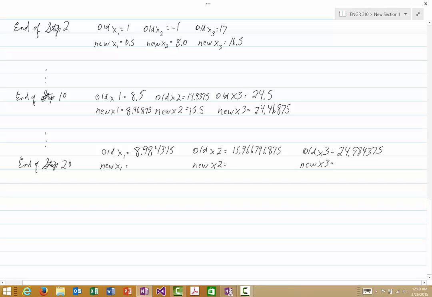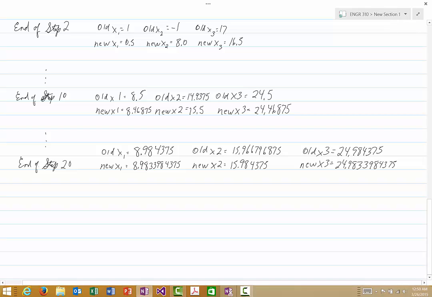These are the old values at the end of step 20, and the new values are 8.983398 4375, 15.98 4375, and finally 24.98 3398 4375. That would be after 20 steps.